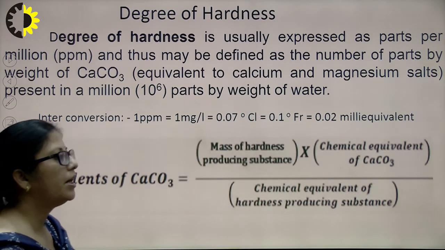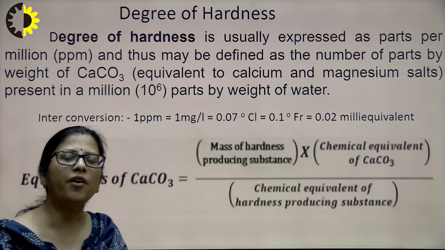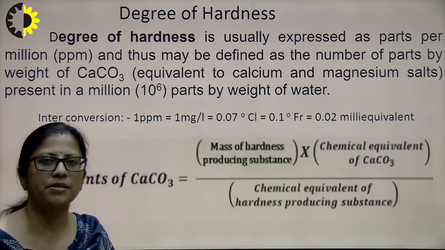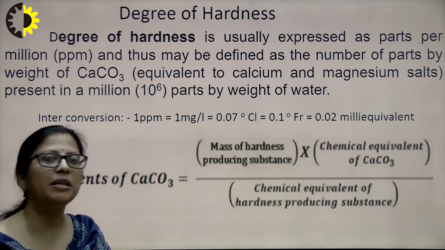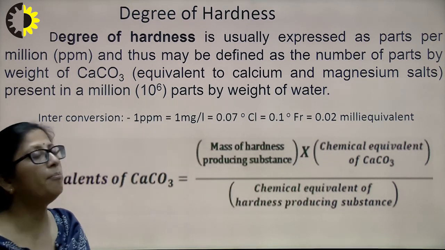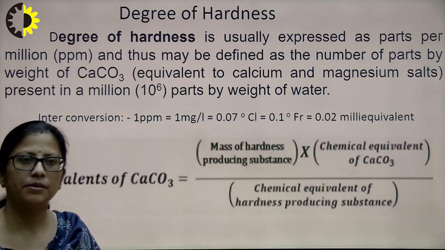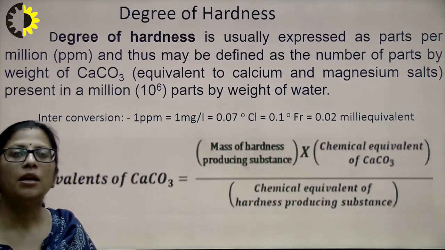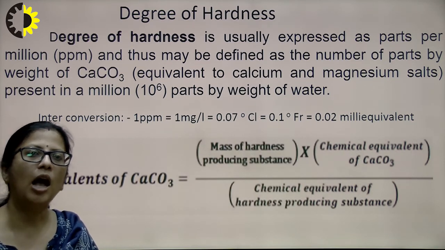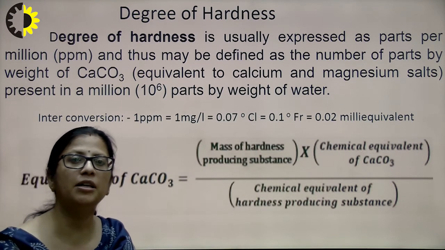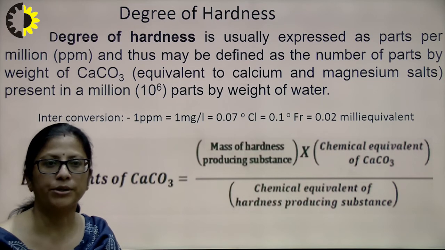Now coming to degree of hardness. The degree of hardness is usually expressed as parts per million, ppm, and it may be defined as the number of parts by weight of calcium carbonate present in 10 to the power 6 parts by weight of water. How many parts by weight of calcium carbonate are present in 10 to the power 6 parts by weight of water?